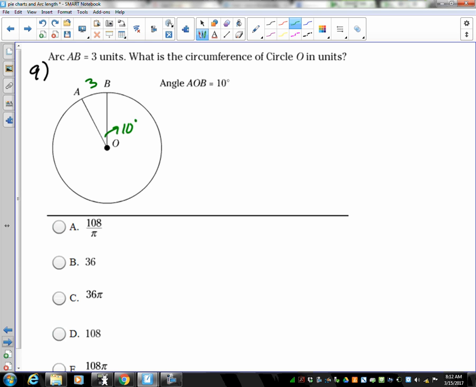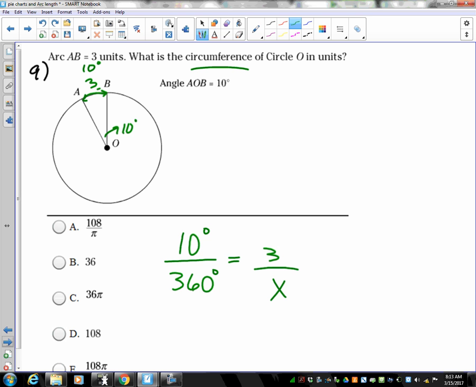So let's do a proportion with the measure of the arc. Okay, so the measure of the arc is 10 degrees. So we do the part, which is the arc, over the total, which is 360 degrees. Now, let's do one with the length. Now, we know this time, though, that the length is just 3, and what we're looking for is the total length. Well, the total length would be the circumference right there.